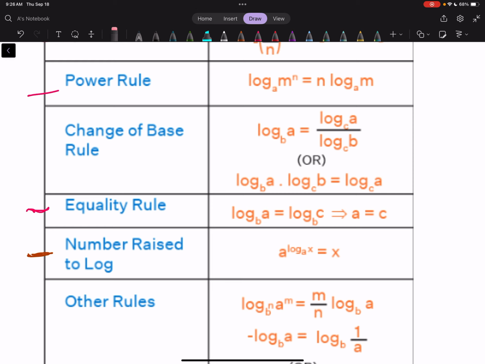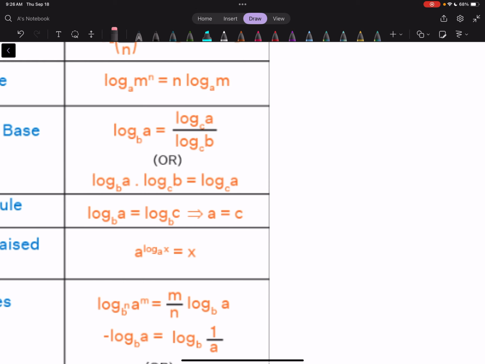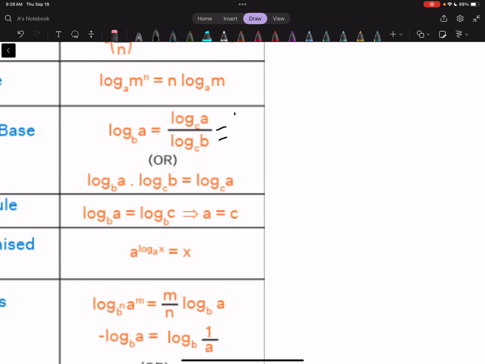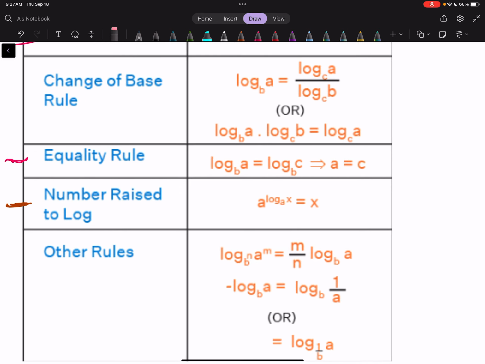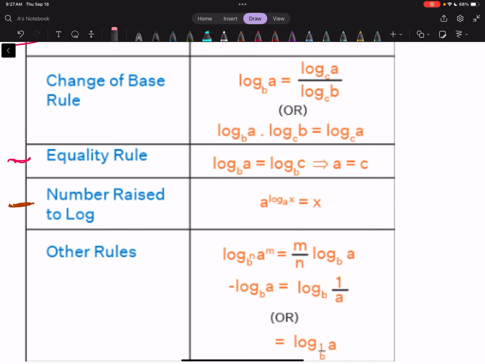So normally what I'm going to do is just put log, which is understood to be the invisible base 10 there. So log of a over log of b. That's how I would do it. But you can put any base that you want. I don't really know why you would put a base if you're changing the base to get rid of it.